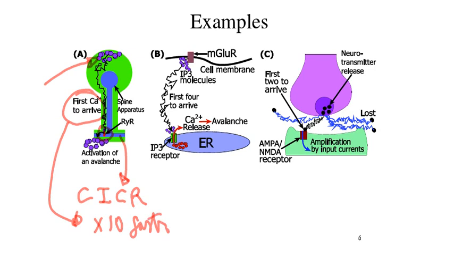Again, this is the same thing here. You have many IP3 molecules that have to come and open the IP3 receptors. And again, you have here a synapse, so neurotransmitters are going to be released from the vesicles, and this is the blue trajectory that you can see.